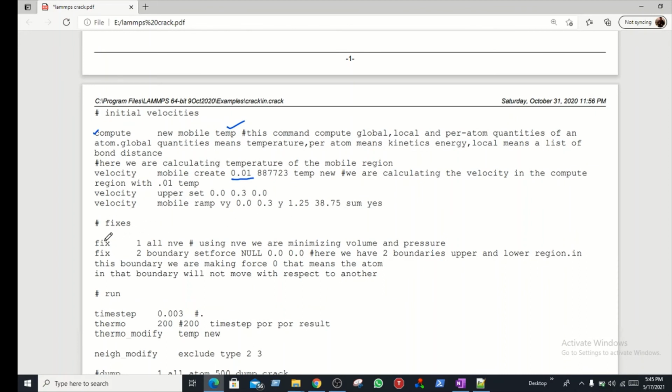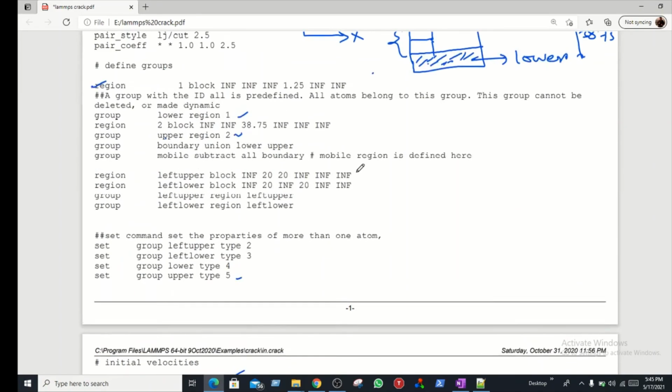After it we are doing NVE integration, and after that we are going to fix boundary setforce 0, that means boundary setforce NULL 0 to 0. Here we have already declared two boundaries, which were upper and lower in our previous command.